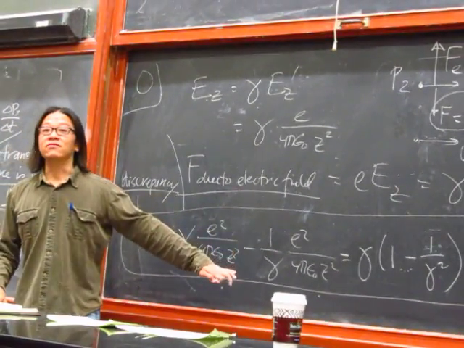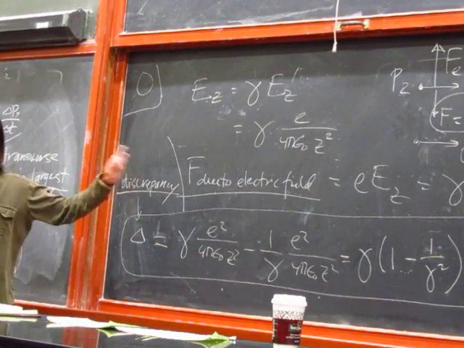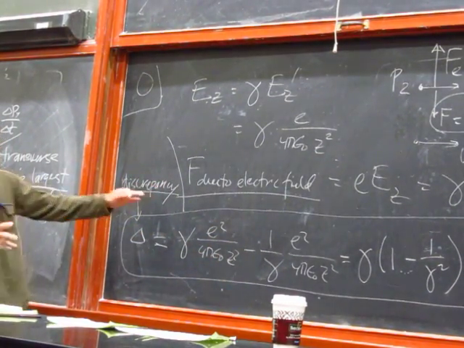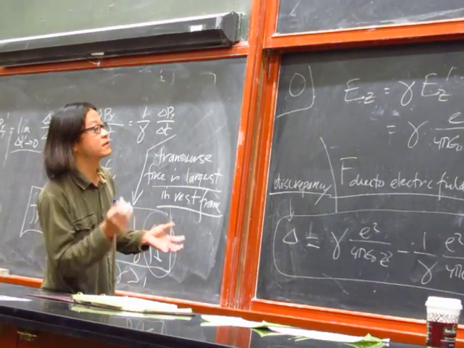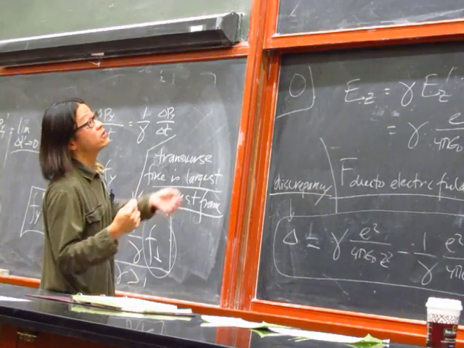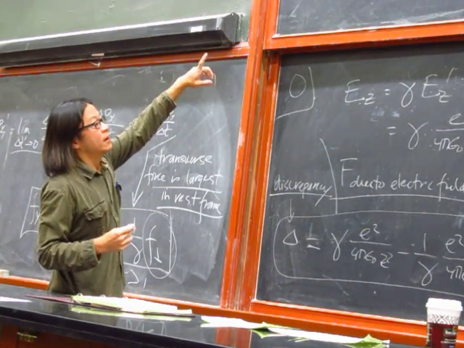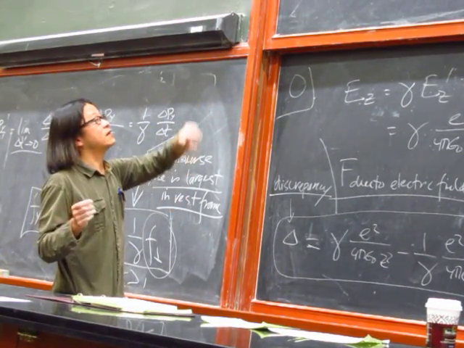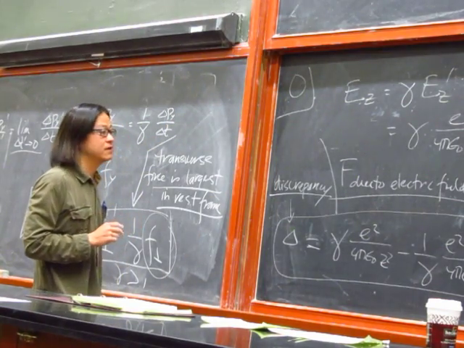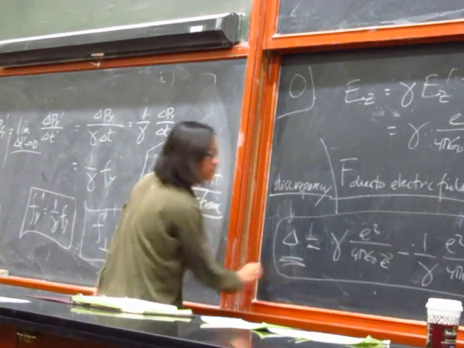You don't have to do it this way. But this shows that there is some kind of consilience or coherence between electrical forces, magnetostatics, and also relativity. This difference comes from relativity.